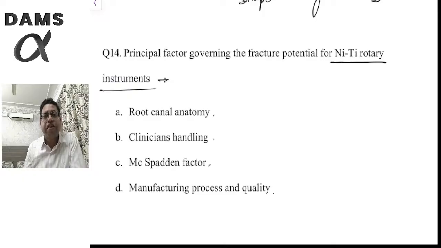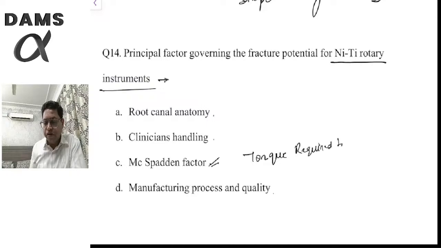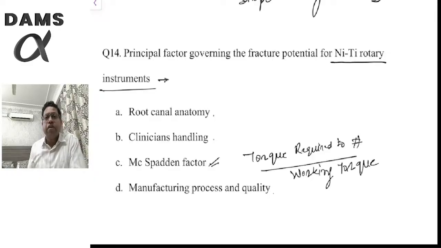So there are various factors which are related, like Max-Padden factor. Max-Padden factor is basically the ratio of torque required to fracture the instrument upon working torque. The torque means how much lateral force is being applied while operating the instrument.